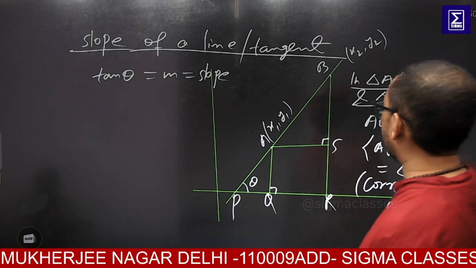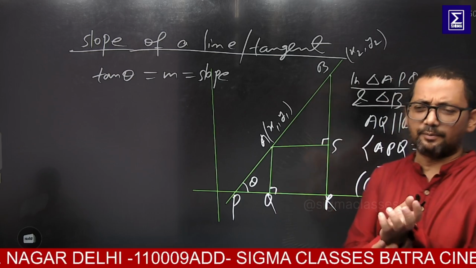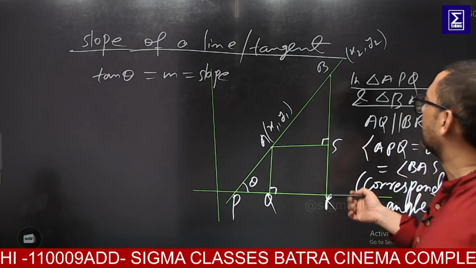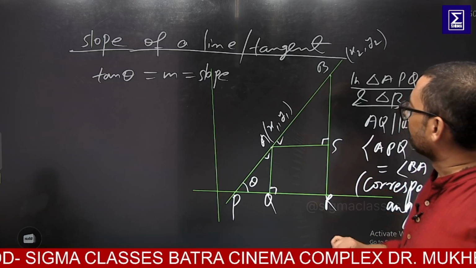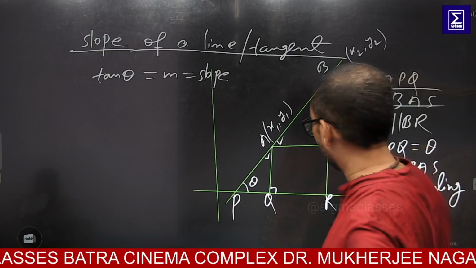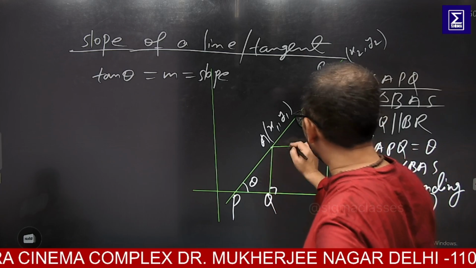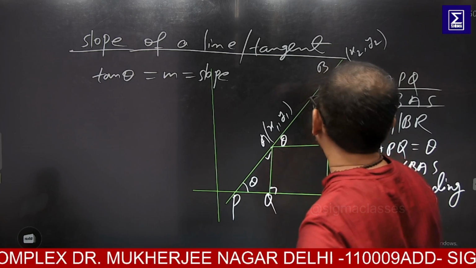So basically if in two triangles, अगर दो triangle में two angles are equal, so third angle will automatically be equal. Let me write this. This angle is equal to this theta, and this angle is going to be equal to this angle. Okay.